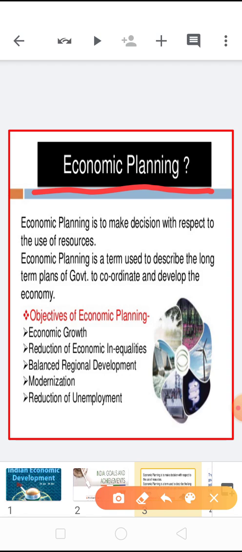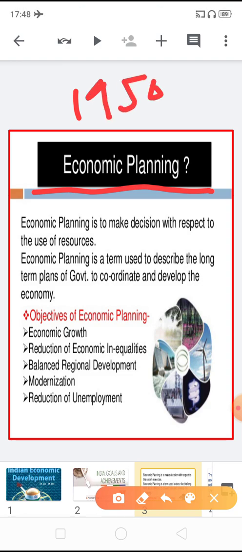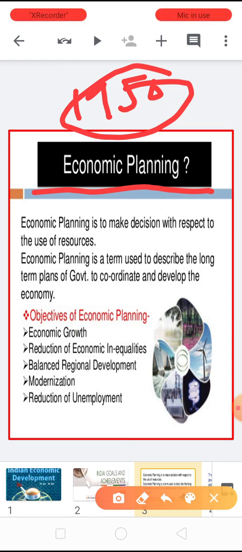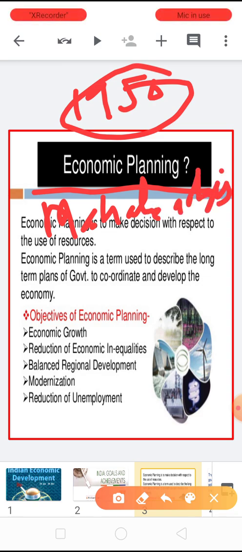So, children, in India, the idea of economic planning became a reality with the setting up of the Planning Commission in the year 1950. Always remember that the Planning Commission in India was set up in the year 1950 under the chairmanship of Professor Mahalanobis.